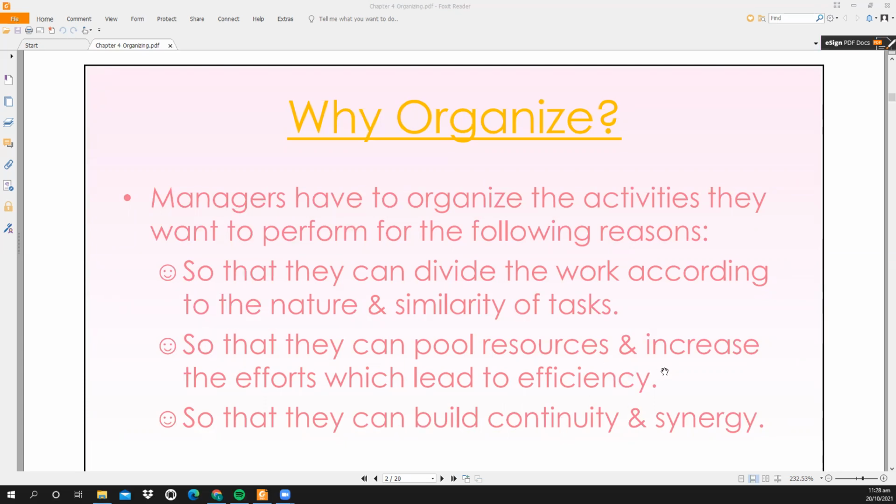Managers or the top management should organize the needed tasks properly. Again, if these tasks belong to the accounting department, marketing department, HR department, or production department, it is easier to do them if we have grouped the tasks.